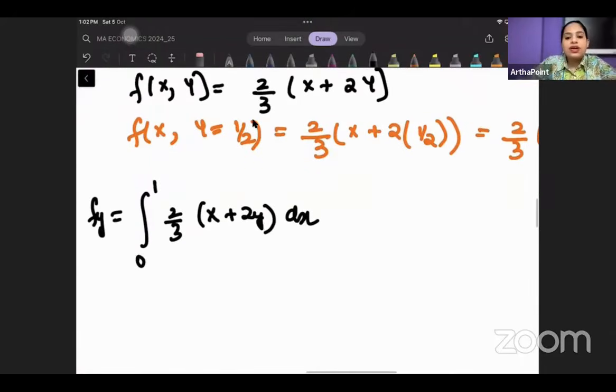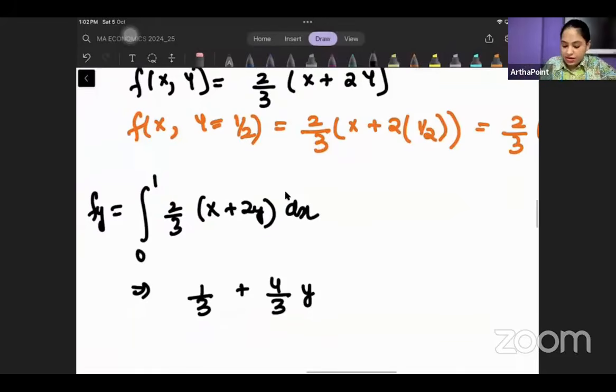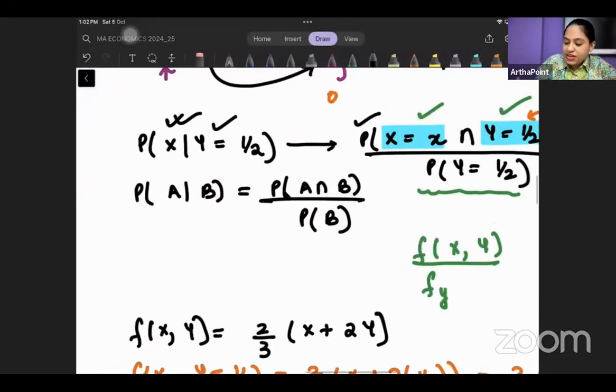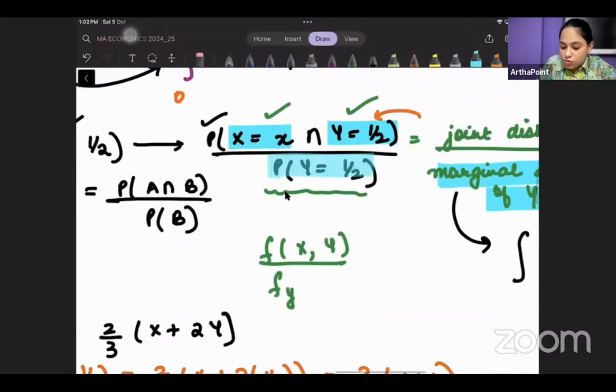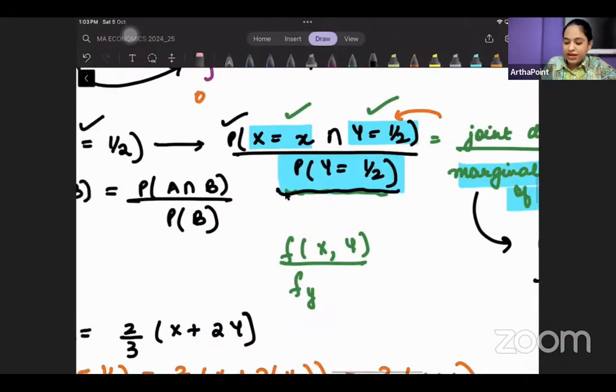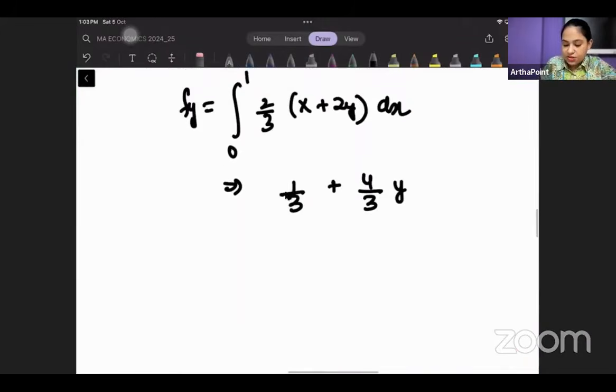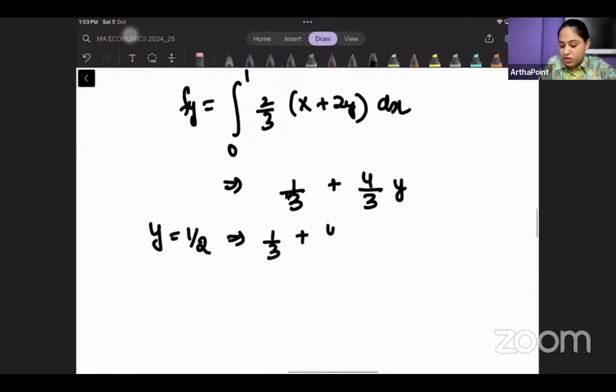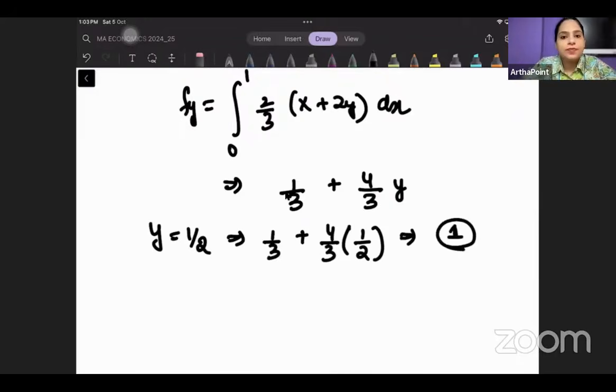After integration we get 1/3 plus 4/3 y. Again, the denominator tells us that this marginal distribution needs to be evaluated when y is half. So putting y as half gives 1/3 plus 4/3 into half, which gives the answer as 1.